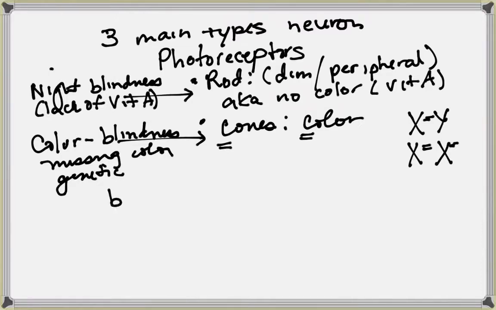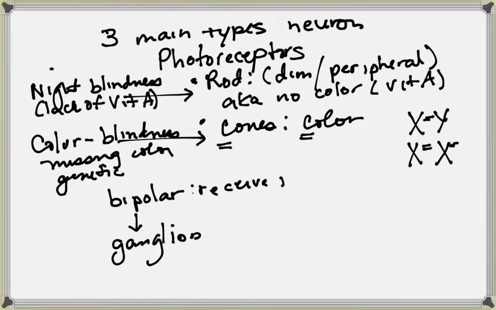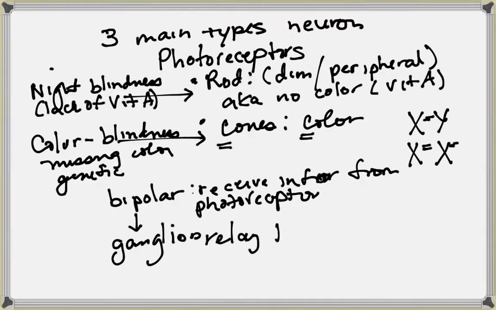You also have what's known as bipolar nerve cells, and then ganglion cells. Basically, the information for light comes in through the photoreceptors, then goes to the bipolar cells, and they receive information from the photoreceptors, and then they talk to the ganglion cells and they relay it to the brain.